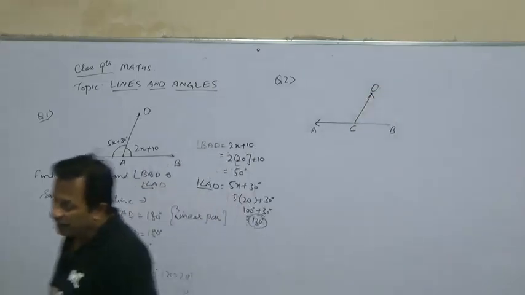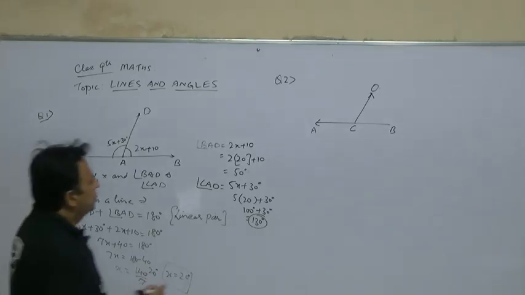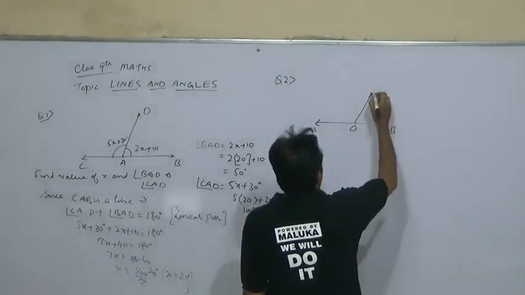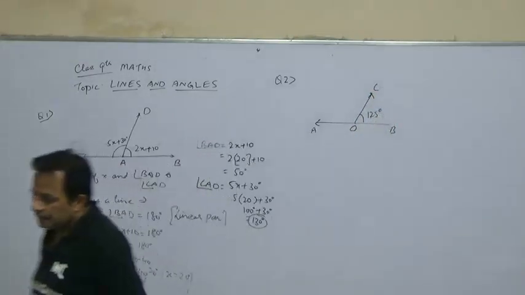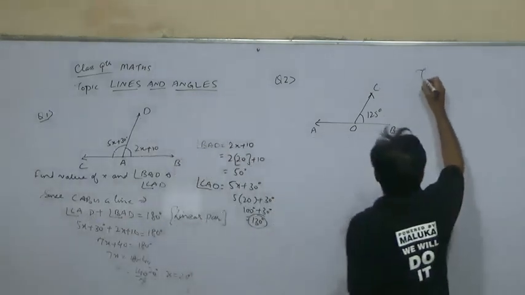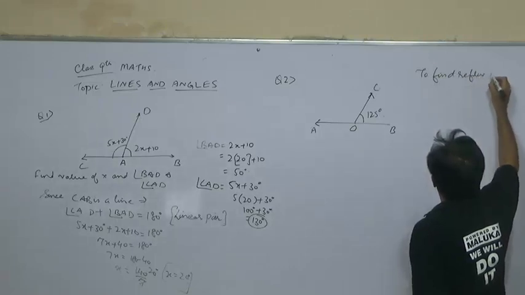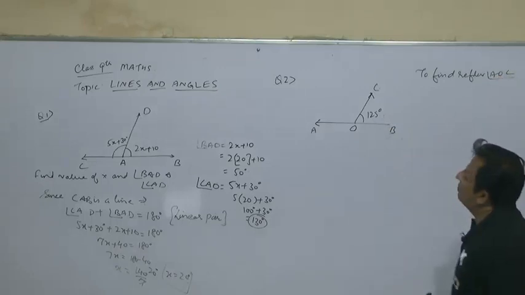Now we are given one angle, BOC, this is O, this is C. This is given as 125 degree. BOC is 125. We want to find reflex AOC. So first we will find AOC, then we will find the reflex.